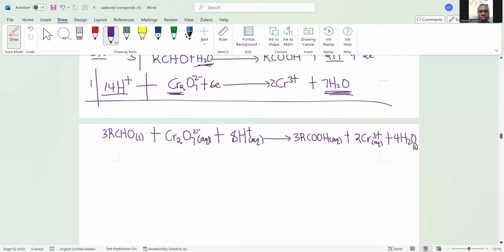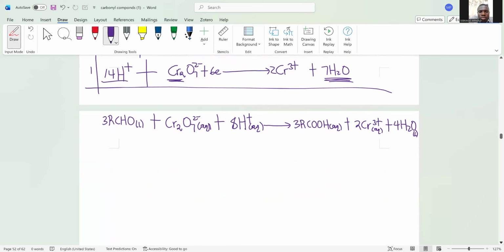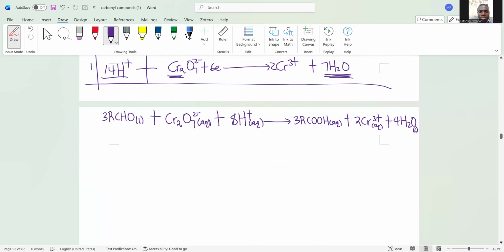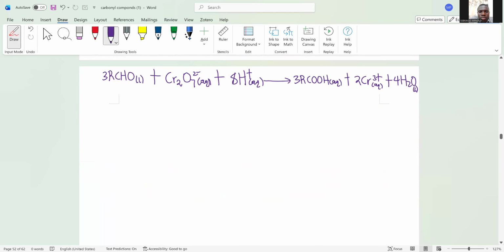Now, one can also take a specific example. This is for dichromate 6. One can take a specific example of still ethanol. Okay, maybe I change to another, because the other time I used it.